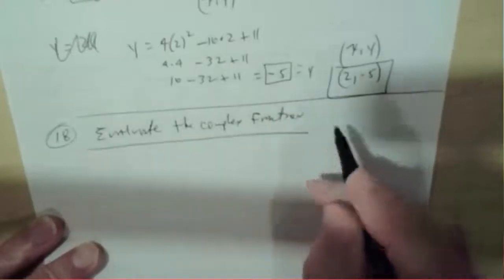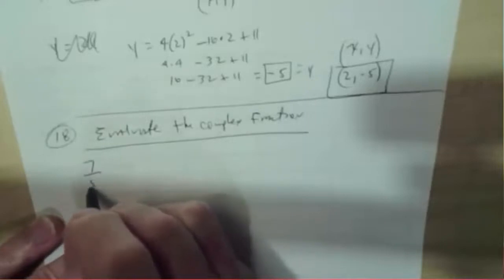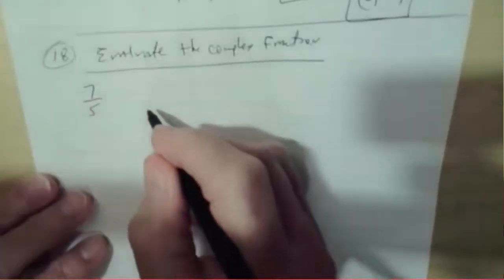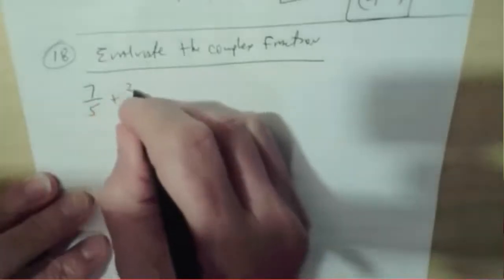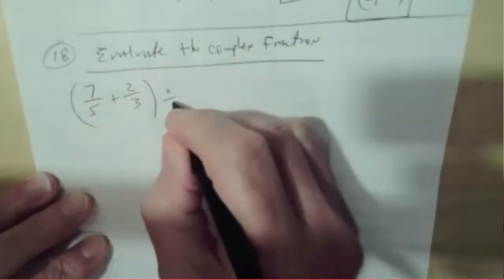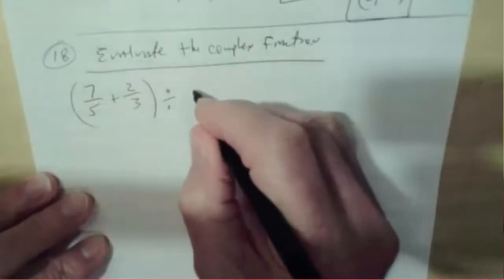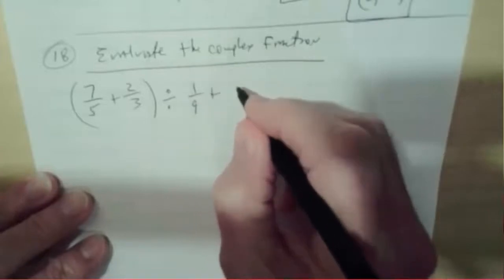So if we have 7 over 5 plus 2 over 3 divided by 1 over 9 plus 1 over 4.